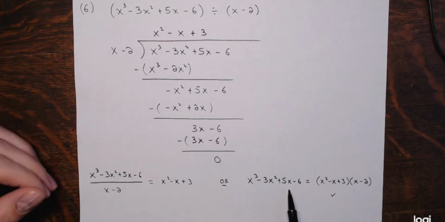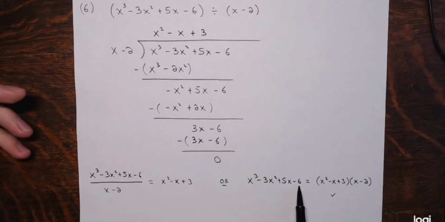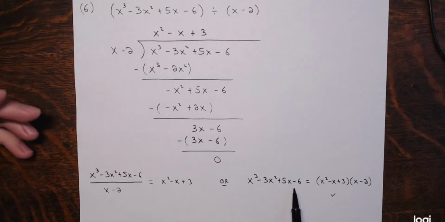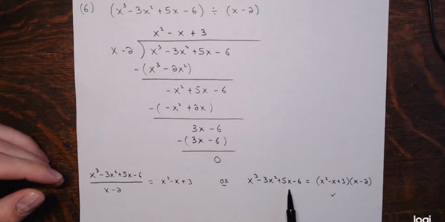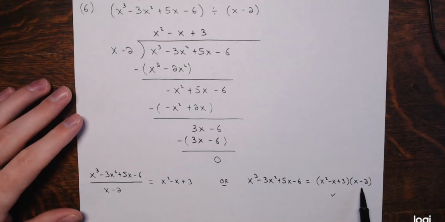But you'll find out, practice on this, try this. If you tried factoring x cubed minus 3x squared plus 5x minus 6 by grouping, you wouldn't get anywhere. But yet we were still able to factor it.